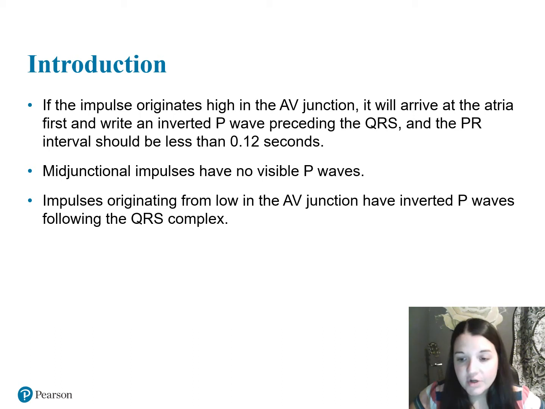Now, if you remember your rules, we are comparing all rhythms to the sinus rhythm, the normal rhythm of the heart, the originating rhythm of the heart. And we're told that our rule for the PR interval is that it needs to be between 0.12 and 0.20 seconds. But if I am coming from the high AV junction, my PR interval should be less than 0.12.